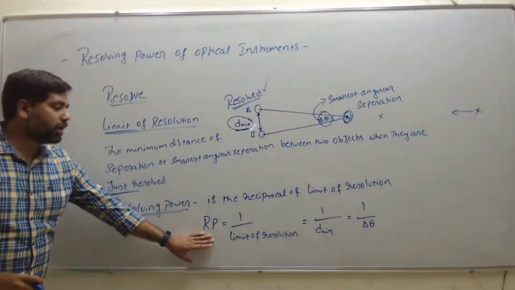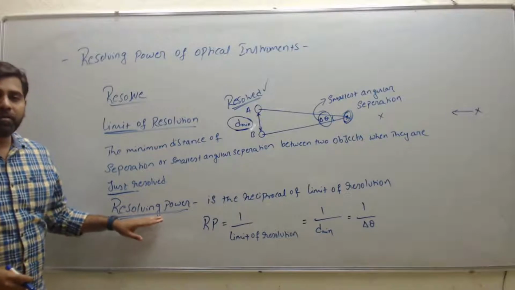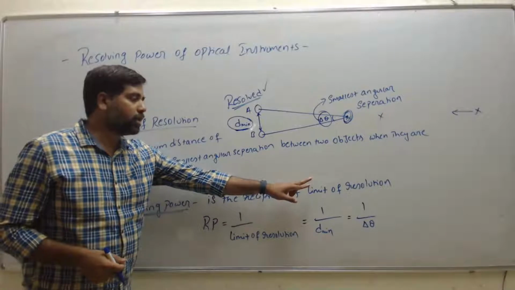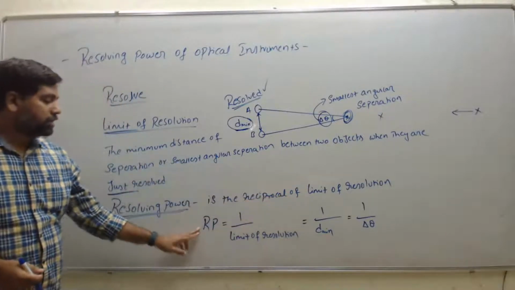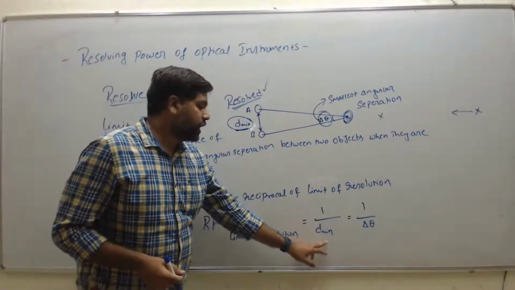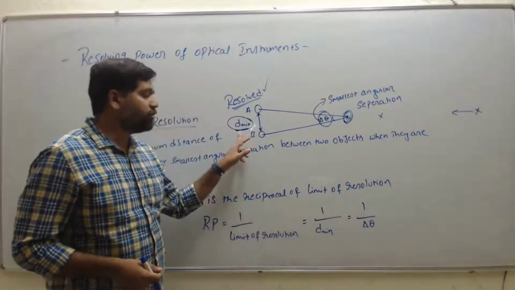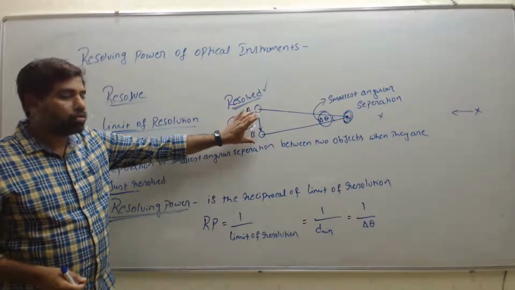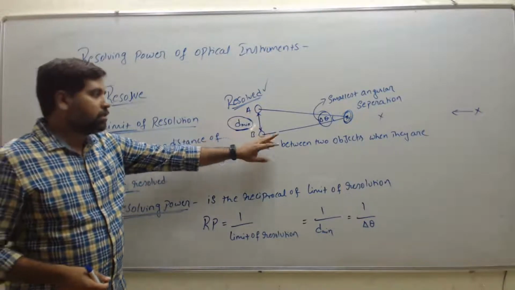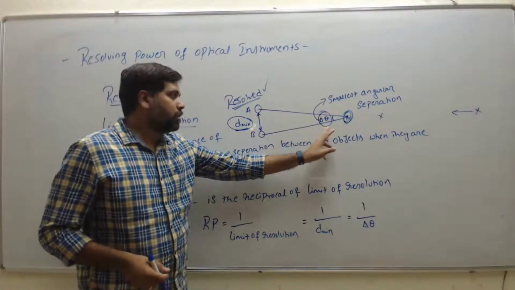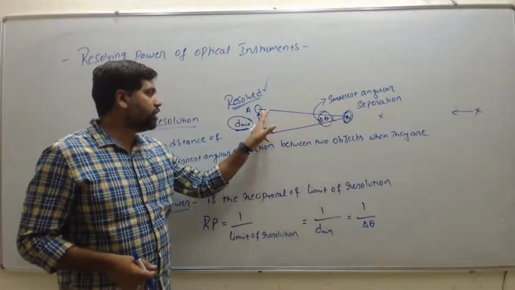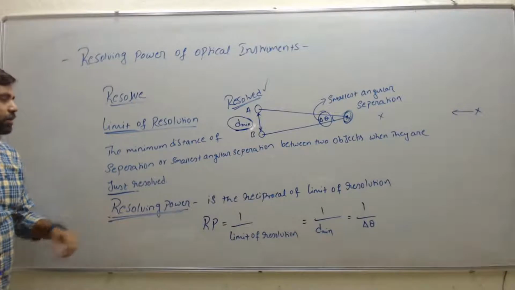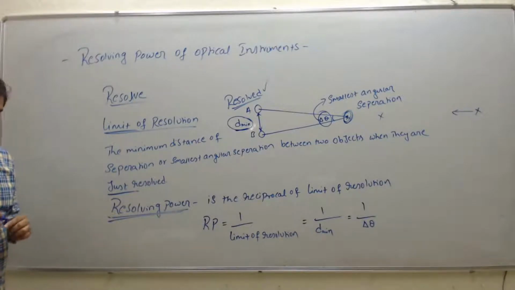This is the mathematical formula for resolving power. Here d minimum is the minimum distance of separation between two closely placed objects, and theta is the angular separation between them.